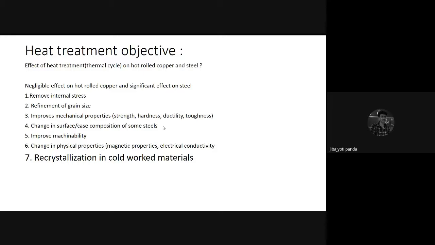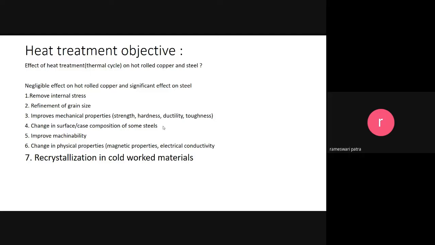What is a single phase? Yes, if you heat copper to a high temperature, steel transforms into various phases: alpha, beta, gamma. You understand different phases have different mechanical properties. Already I have taught you in the previous lecture.